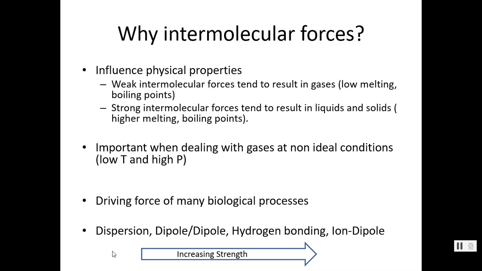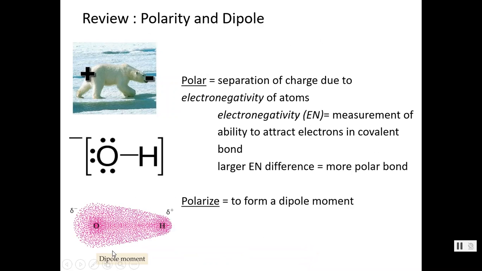But let's start with dispersion forces, and before we talk about that, let's review this concept of polarity and dipoles, because that concept is going to be important when talking about dispersion forces and also with dipole-dipole as well. So if you remember in the chapter about Lewis dot structures, we introduced this concept of polarity.